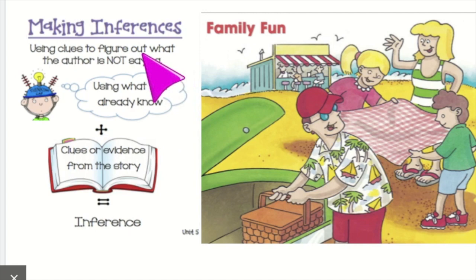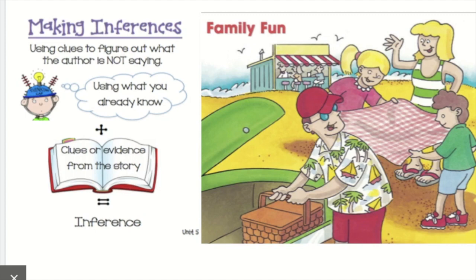So what I already know is that when it's warm outside, I like to wear shorts and sandals to stay cool. The clues I'm looking at from the story are that this little boy is wearing shorts, this mom is wearing sandals, looks like she's wearing a tank top. I know in my brain that I wear tank tops when it's hot outside. So an inference I have is that they're somewhere really warm.